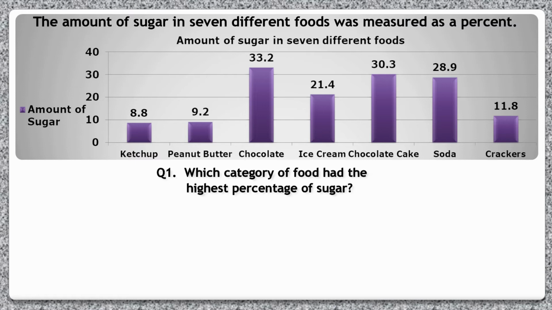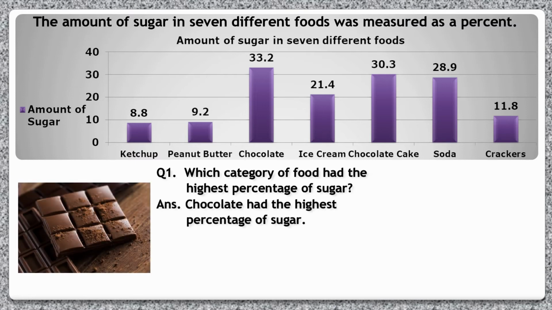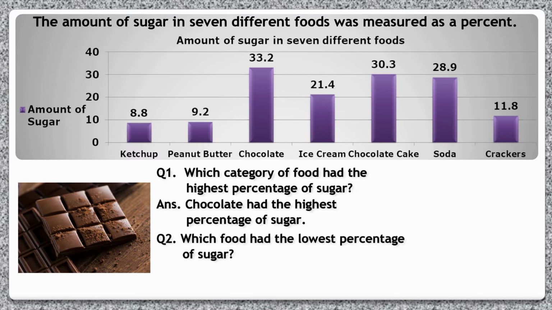Yes, the right answer is chocolate had the highest percentage of sugar. Now let's move to the second question. Which food had the lowest percentage of sugar?